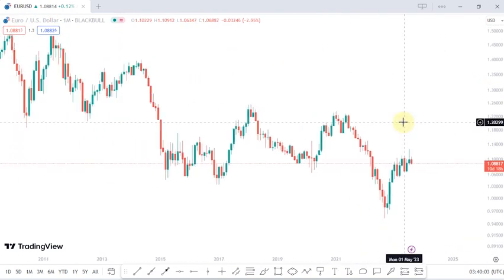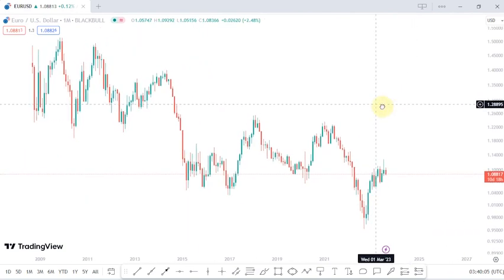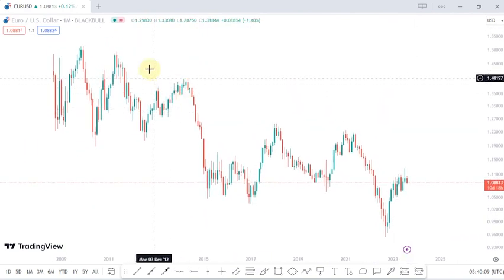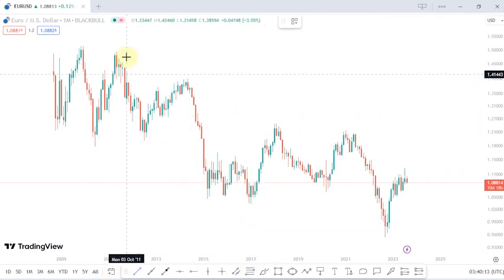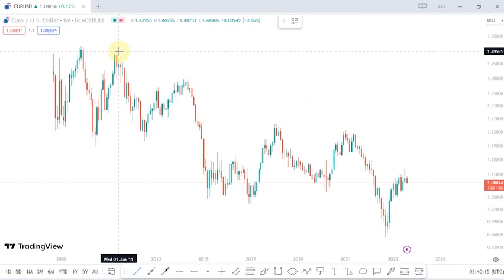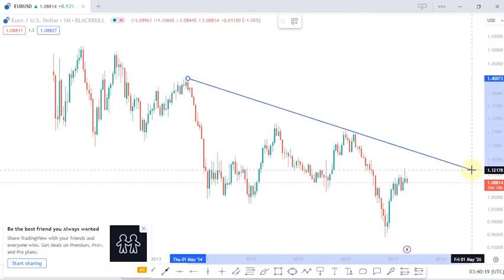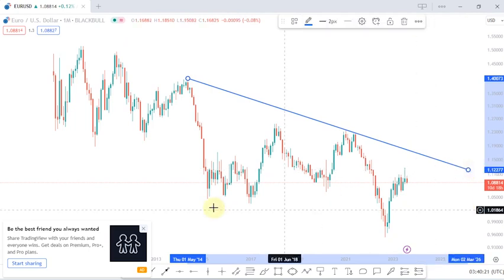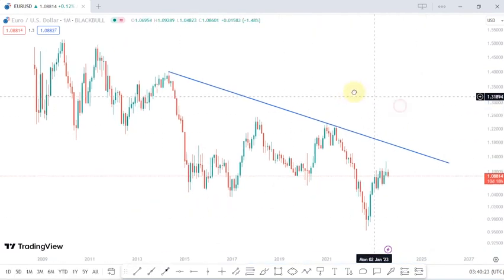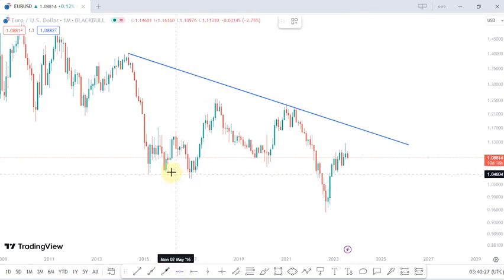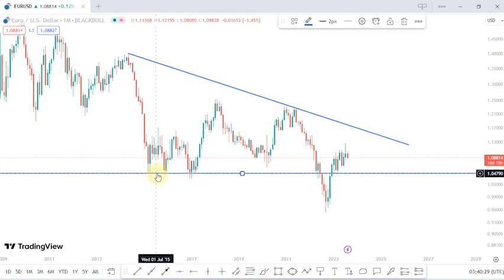From the monthly time frame, the market is creating a series of lower highs and lower lows. So let's throw in our trend line here. And that is what we have, and we have a support and resistance level here.